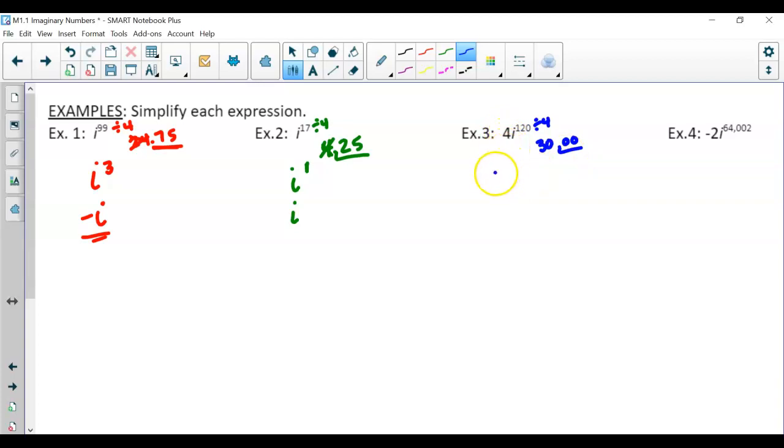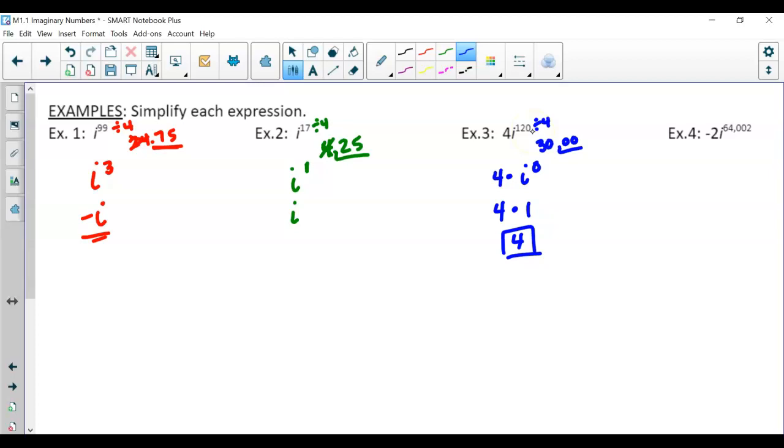So we bring down the 4 times, but now this is i to the 0, because there was nothing left. What's i to the 0? Well, that's just 1. What's 4 times 1? 4. So 4 times i to the 120th power is just 4.